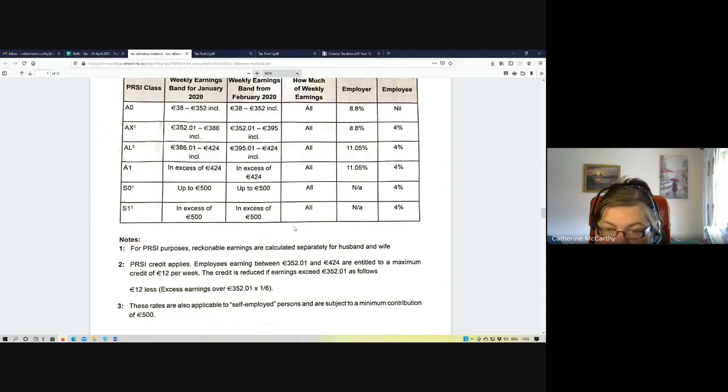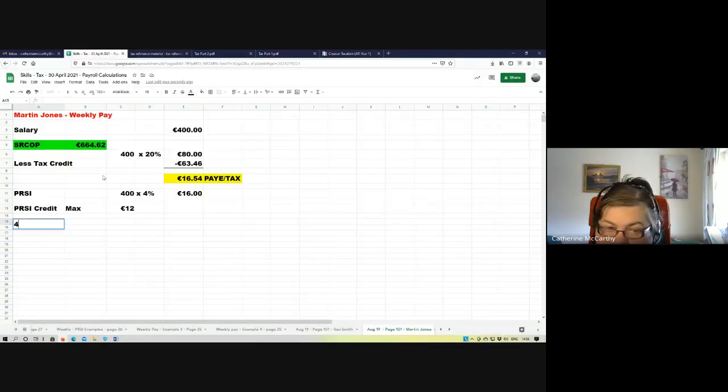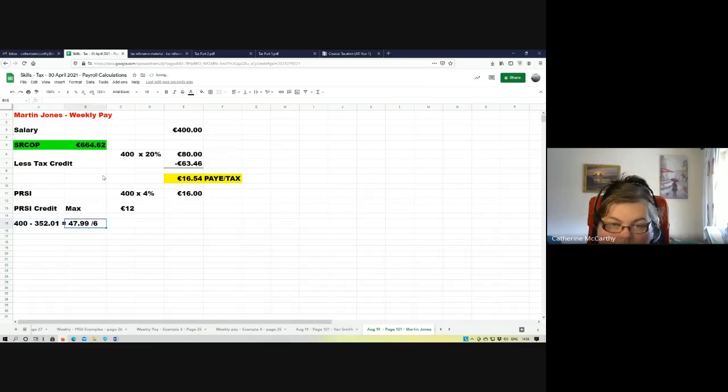So he's paying 4%, but he's between 352.01 and 424. So we take our earnings less 352.01 and divide it by 6. So it'll be €400 less 352.01, and that gives us 47.99. And then we're going to divide that by 6, and that gives us €8. Okay, so it's going to reduce the PRSI credit by €8.